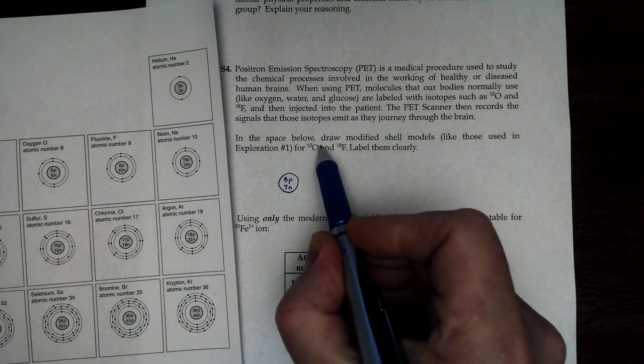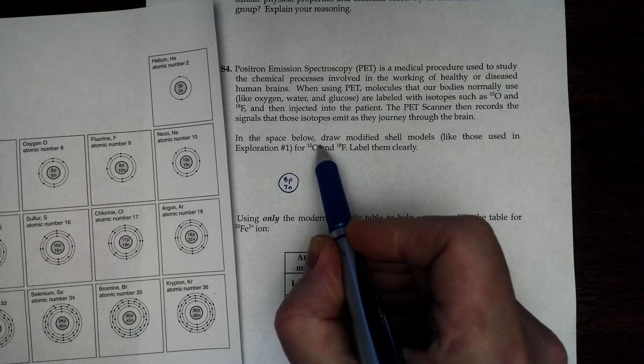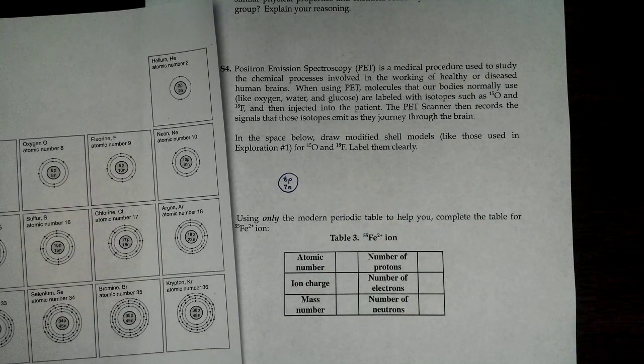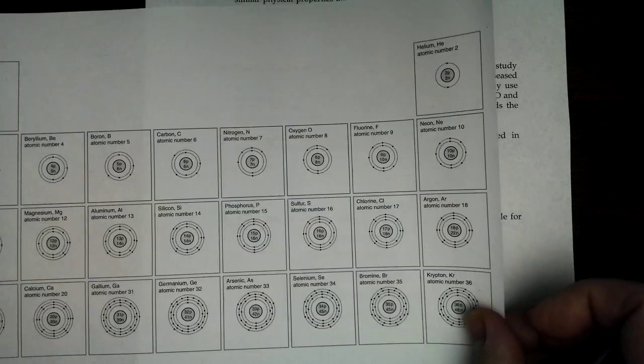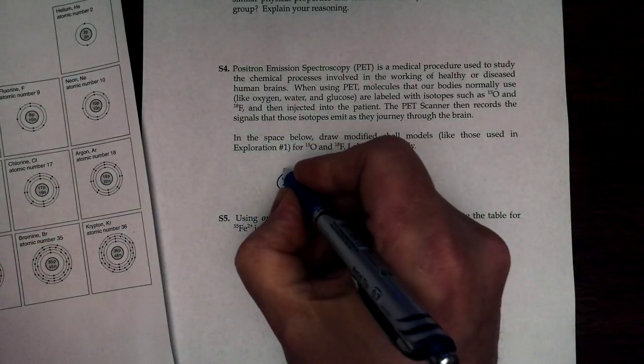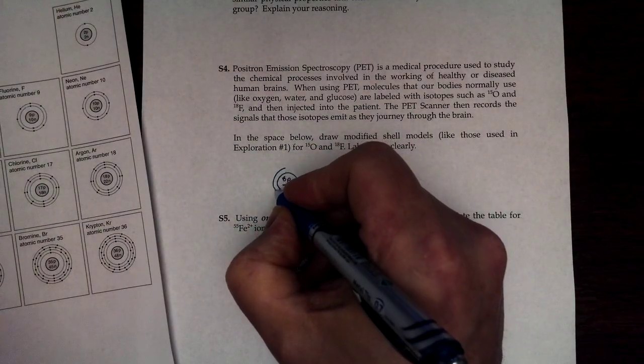They don't give us any ionic charge on these isotopes that they're asking us to draw, so that means the number of electrons is going to be the same as a neutral oxygen atom, which here has 8 protons, so there are 8 electrons, but those don't all fit in the same level.